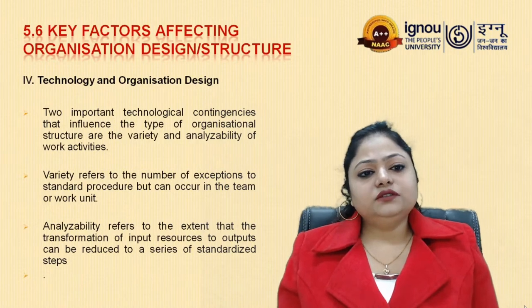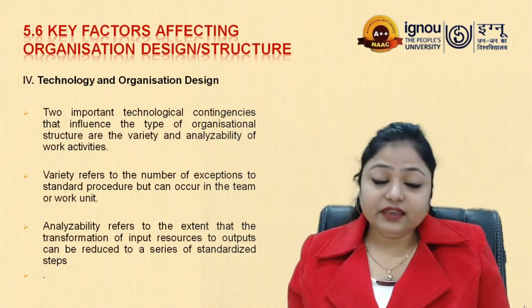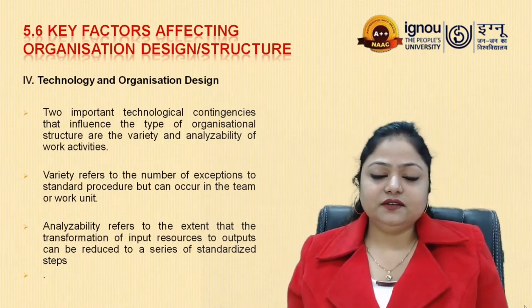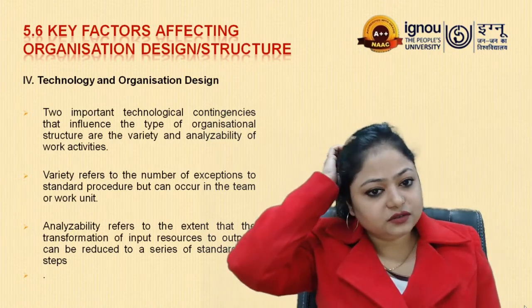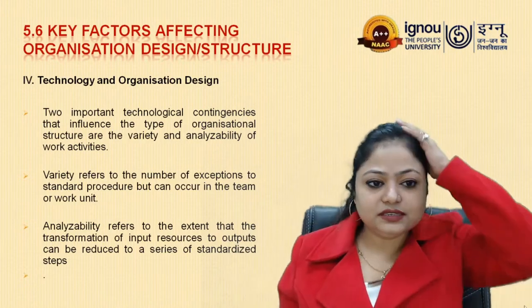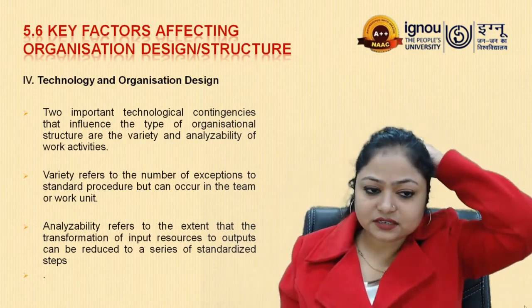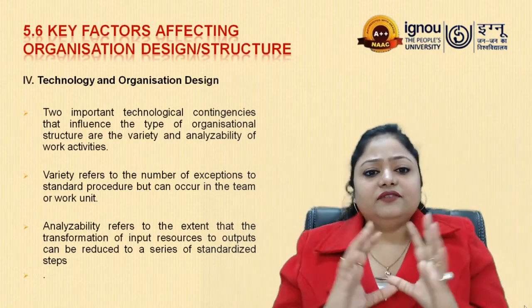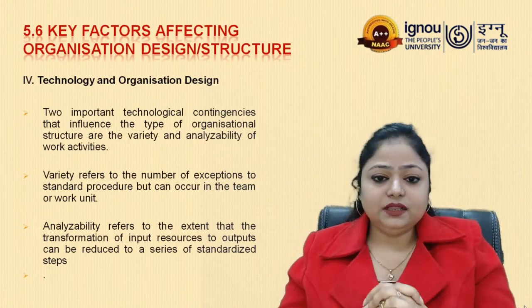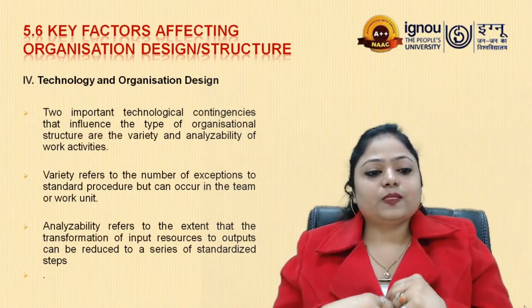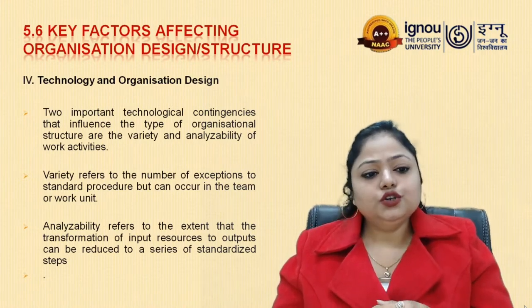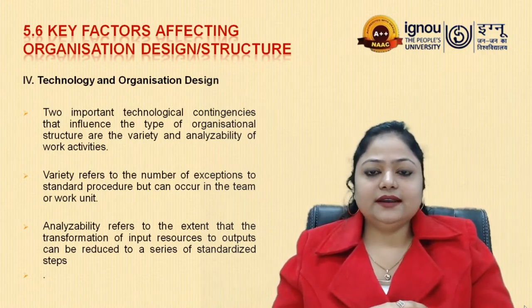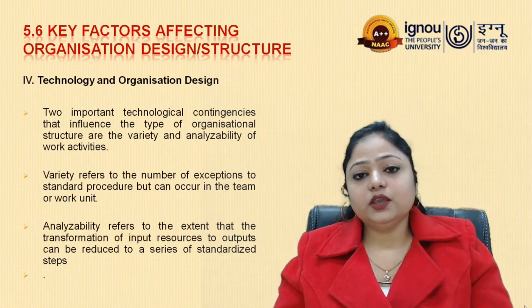Then the fourth approach or key factor considered while designing the overall organization is technology. The two most important technological contingencies that influence the type of organization structure are the variety and analyzability of work activities. Variety refers to the number of exceptions to standard procedure that can occur in the team or work unit.